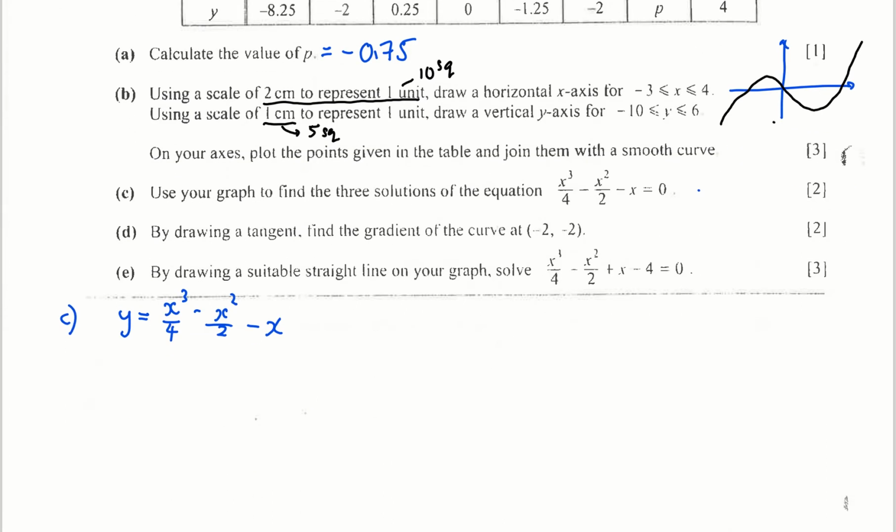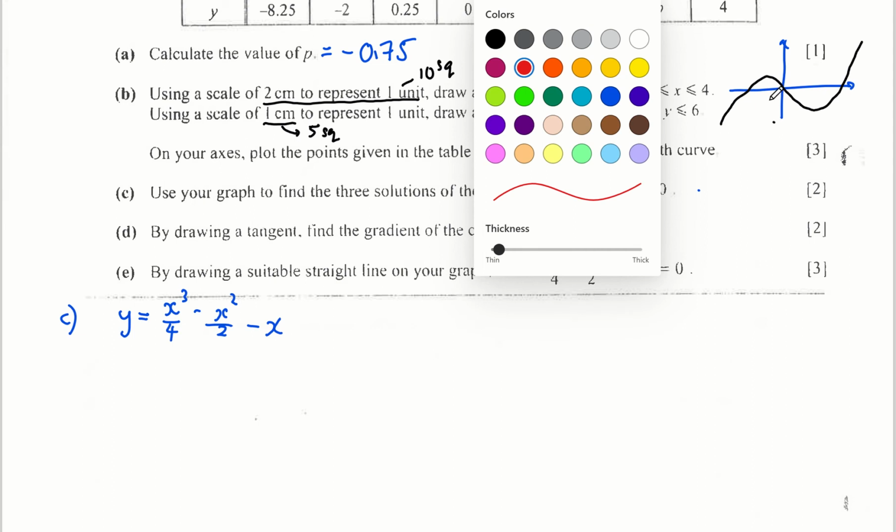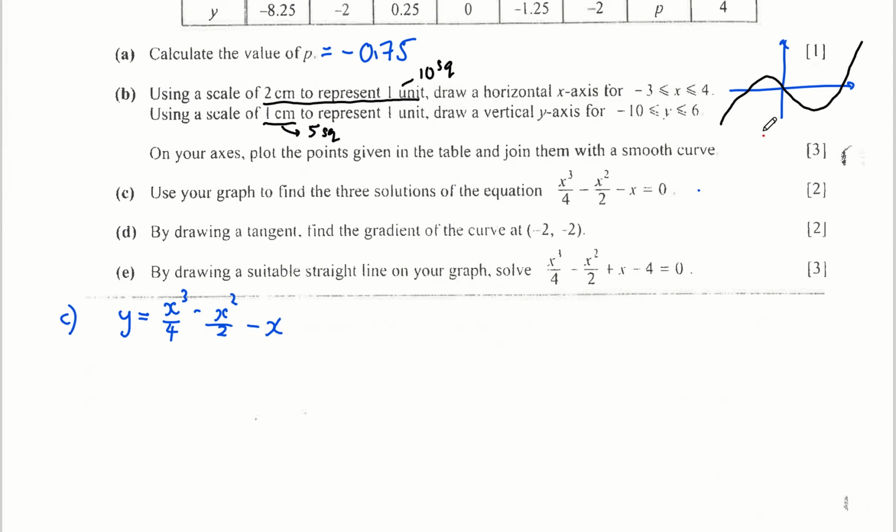So I'm going to write down the idea. First thing is you have to compare with the equation given. So I'll write down x cubed over 4, minus x squared over 2, minus x equals 0.